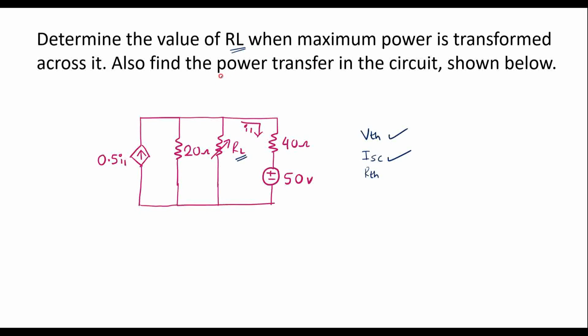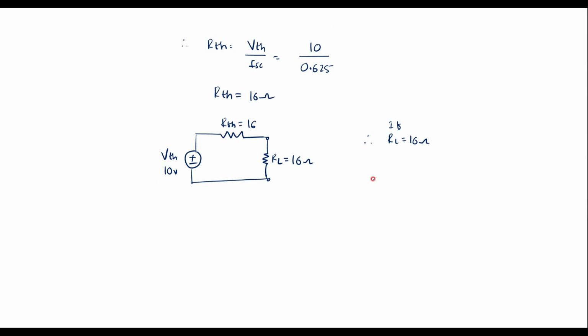Now let's find the maximum power transfer to the load. Let me calculate the current in the circuit, that is I. Here I is equal to voltage divided by resistance, that is 10 divided by 16 plus 16. These two are in series, that is 10 divided by 32, which gives 0.3125.